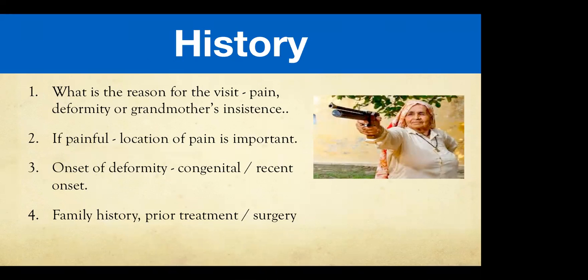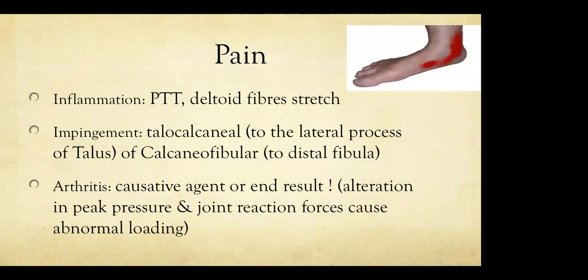If there is pain, you should know what inflammatory arthropathy is there, along which area the inflammation is, the tibialis posterior tendon, or whether the deltoid fibers are being stretched. If there is any impingement laterally in a plano-valgoid foot, it is the talocalcaneal impingement which is causing it. Or if there is any arthritic pain, whether it is a causative agent of flat foot or an end result due to the foot going skewed laterally.